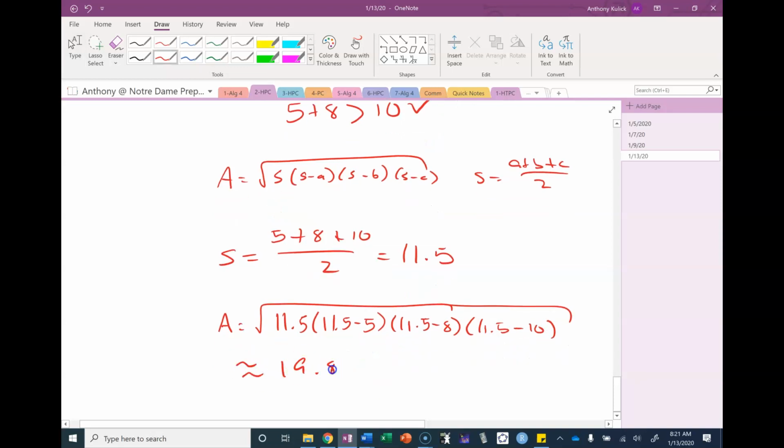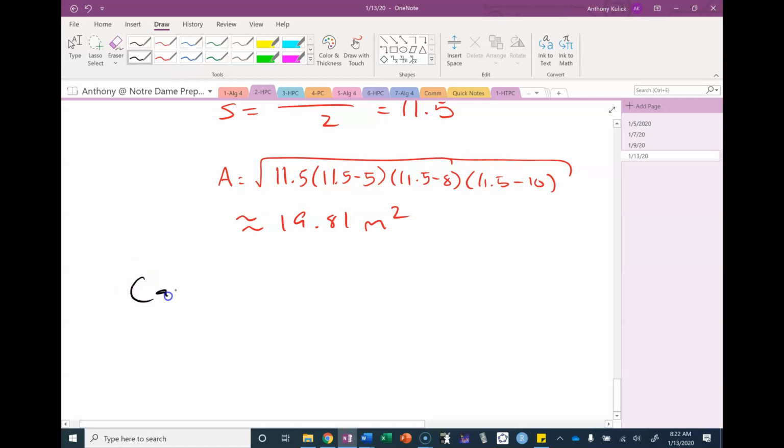And then when I type that into my calculator, I get 19.81 meters squared. Everybody okay here?